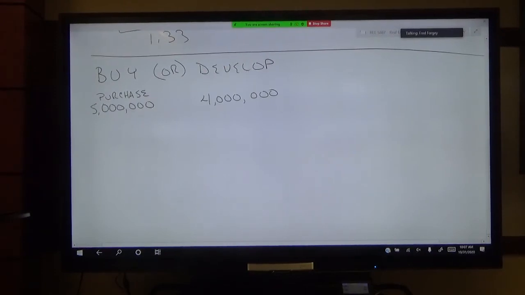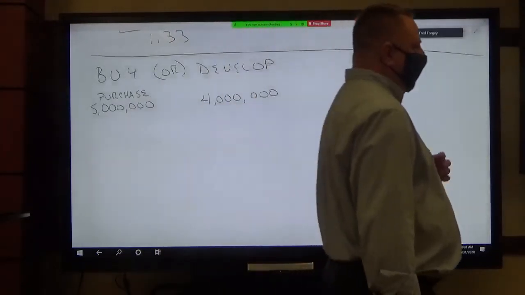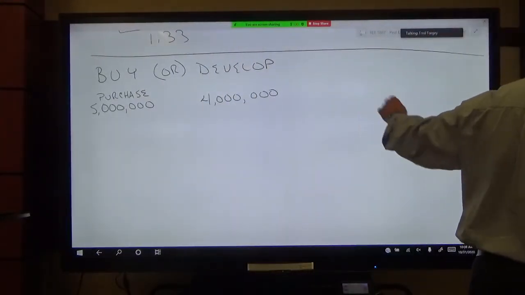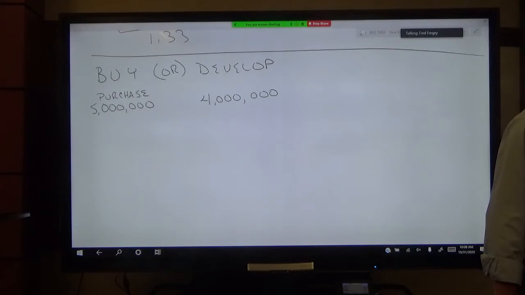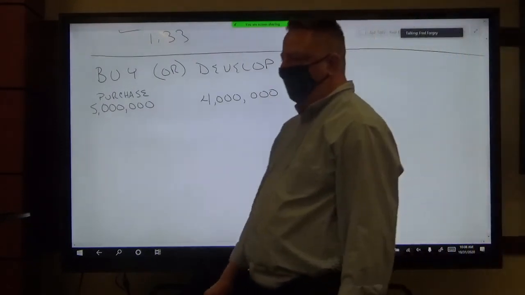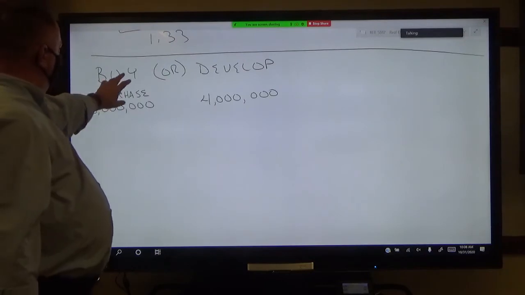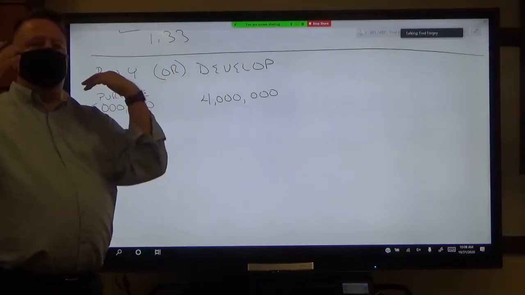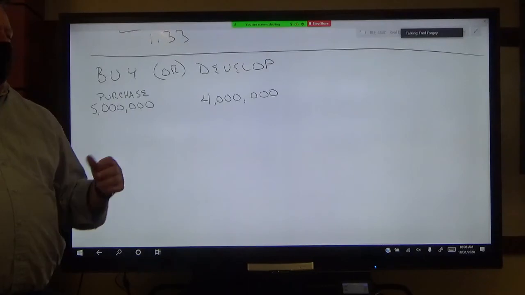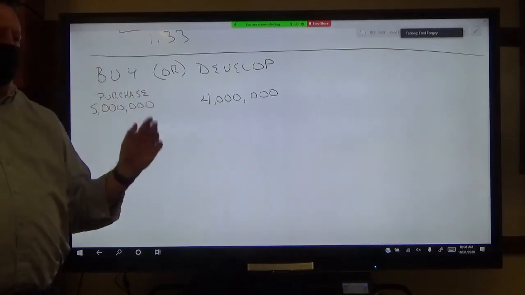$4 million, so $1 million less. I'm sorry, once again, lack of air to the brain by virtue of the mask is making me a little loopy. So there's a $1 million difference between developing versus buying. On the buy side, that's all-inclusive: open the front door, it's a done deal.